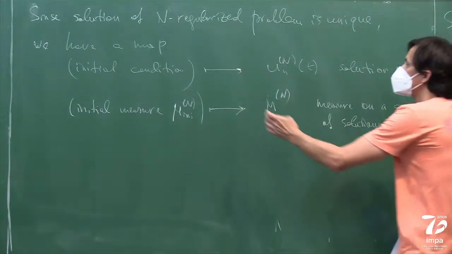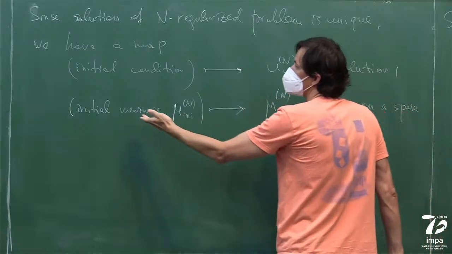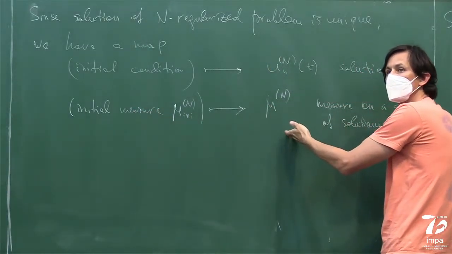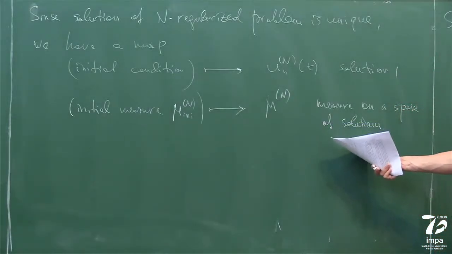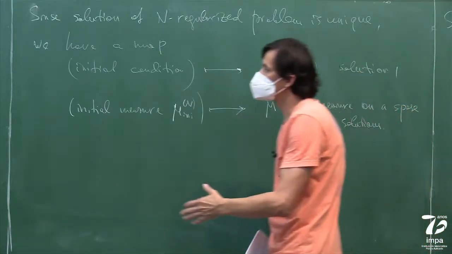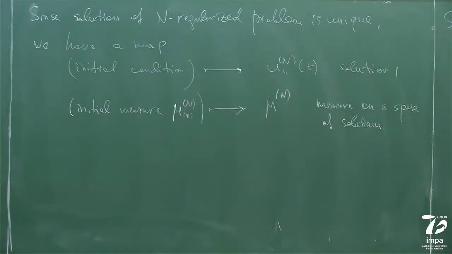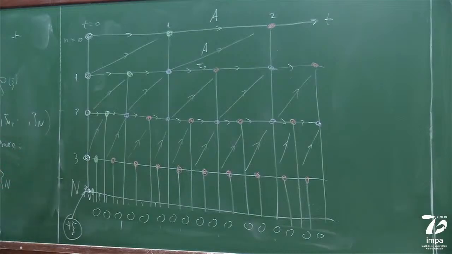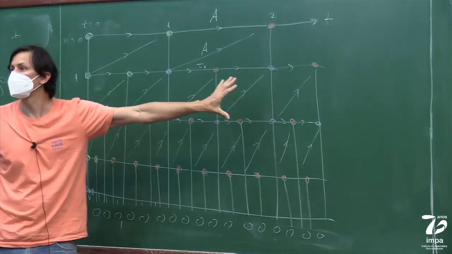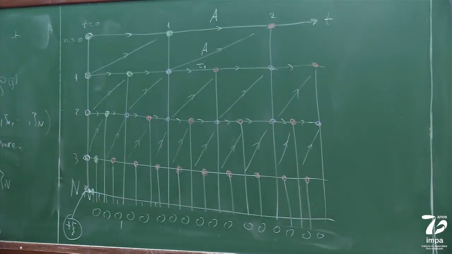So if for every initial condition we have a solution, then by giving a measure on the initial conditions, we give a measure on solutions. And we know where this measure lives because we know all the solutions given initial conditions. For each given initial condition, we have a finite dimensional space of solutions. So it's a well-defined construction.